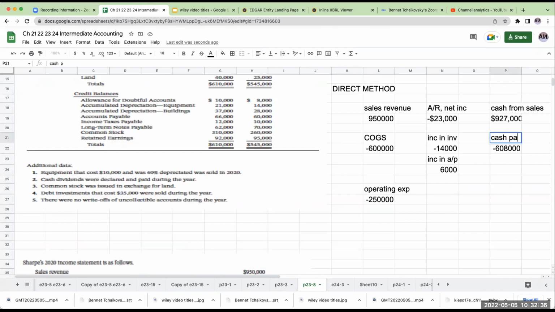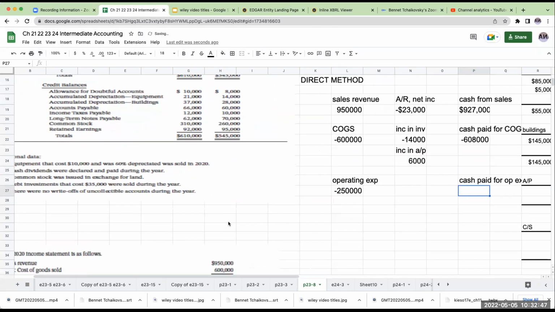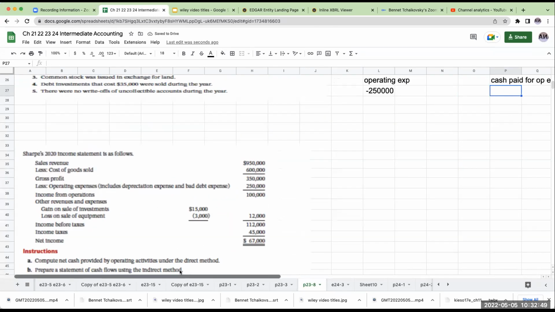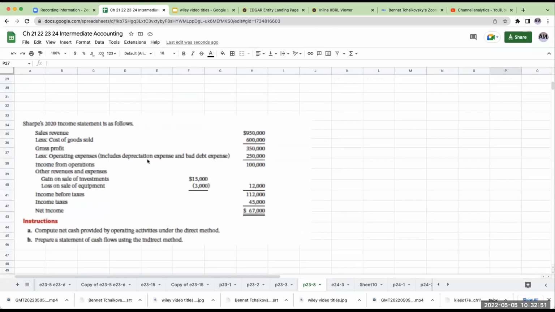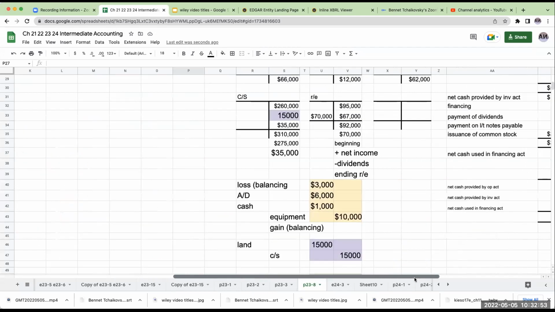This is cash paid for COGS, and now I'm trying to figure out my cash paid for operating expenses. When I look at this, I notice that this includes depreciation expense and bad debt expense.